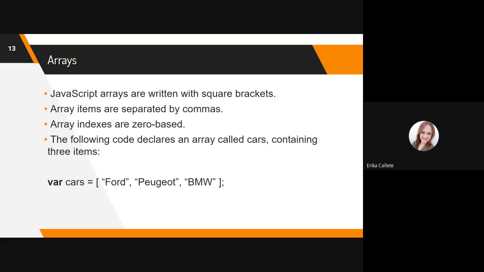For example, if you want to call the value in index 0, you can call alert, if you will be using an alert box. So alert, then the variable name cars, and then bracket 0, and then our semicolon. That would provide us the value for it.